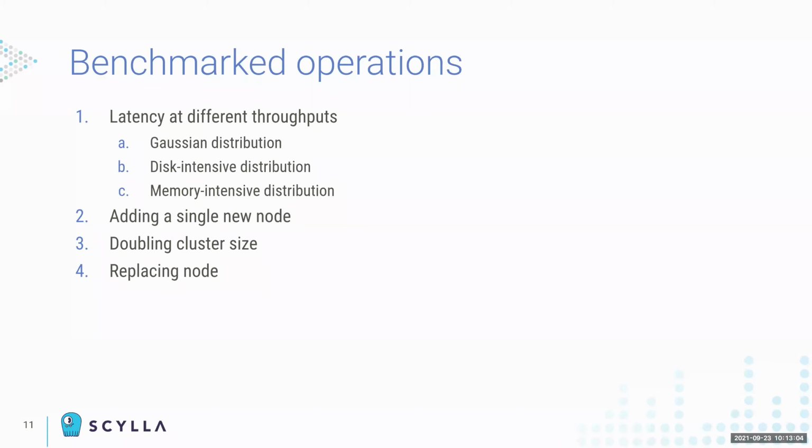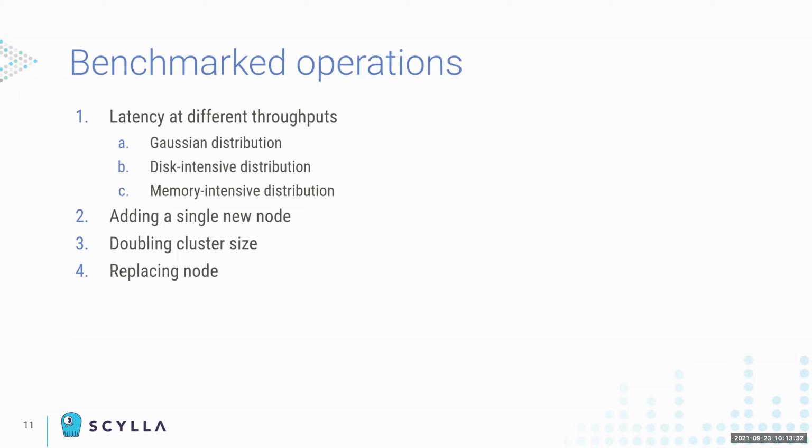First of all, adding a new node to the cluster, adding a single new node, or even doubling the cluster size. Apart from that, we benchmarked replacing nodes, which happens if one of your nodes breaks and you need to replace it. We also benchmarked major compaction time.